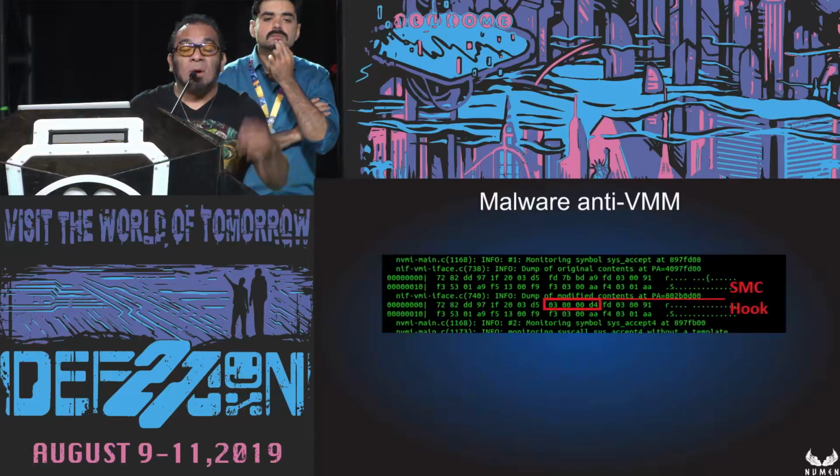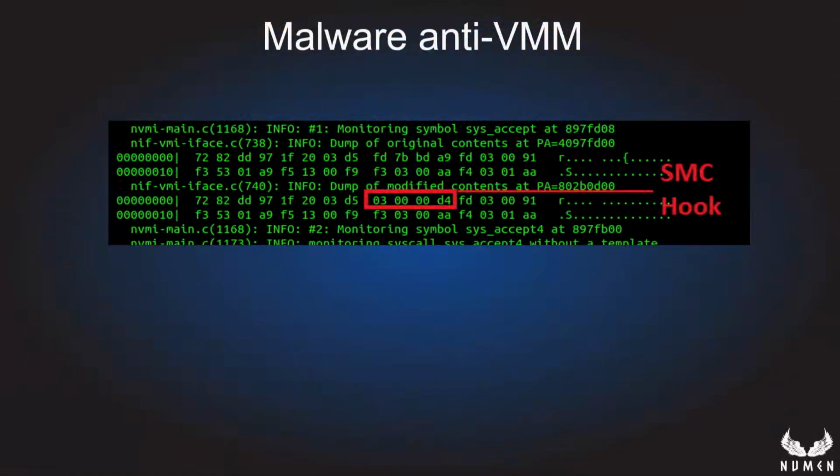Now, Ali was explaining his technique to hook into the memory. He was telling us that you need to put a D40003 as an SMC hook. That's pretty cool, but it's pretty easy to bypass. If I have a kernel module, I can just go to the syscall, grab the first 4 bytes, and get the SMC there. As malware, I'm going to detect right away that I'm being monitored.